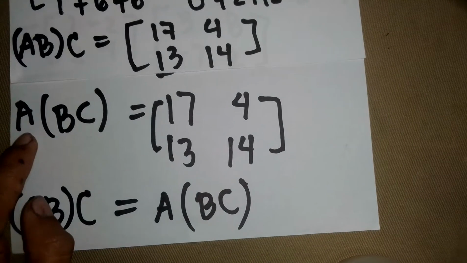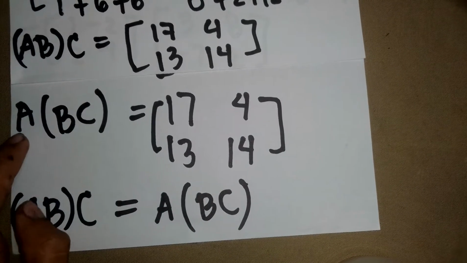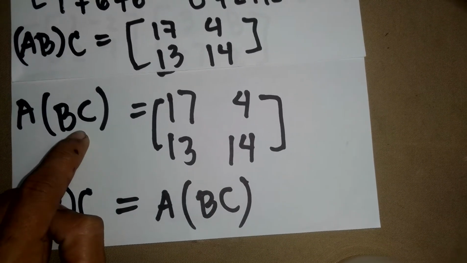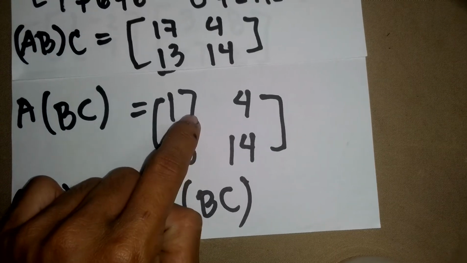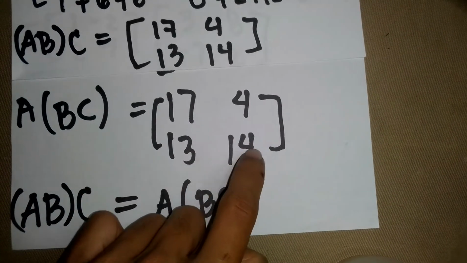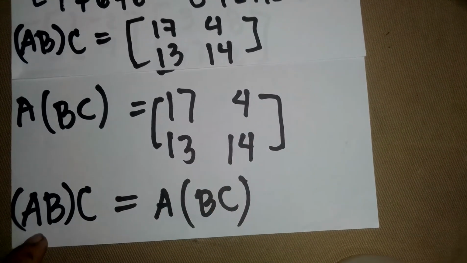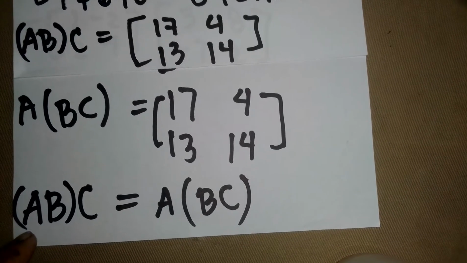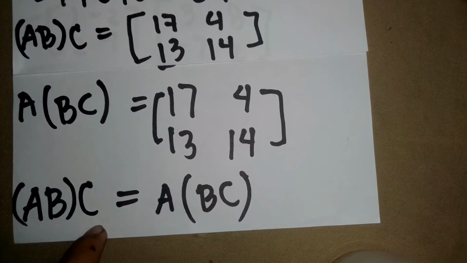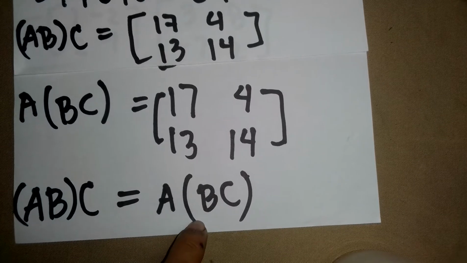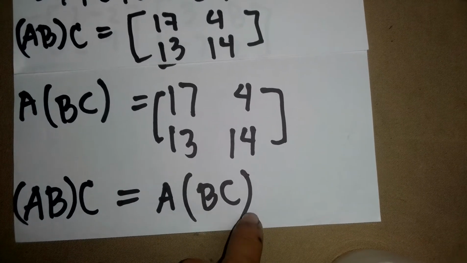The value of A multiplied by the quantity of B and C is also equal to 17, 4, 13, 14. So we can say that quantity AB multiplied by C is equal to A multiplied by the quantity of B and C.